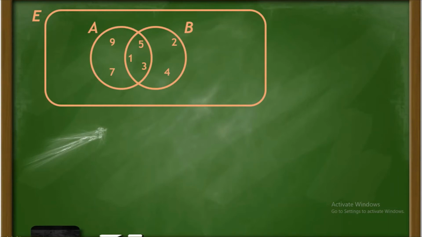Our universal set, we have number 0 to 10. Therefore, yung number 0, number 6, number 8, and number 10, ilalagay natin siya outside sa set A, or sa circle A, at saka outside sa circle B or sa set B.